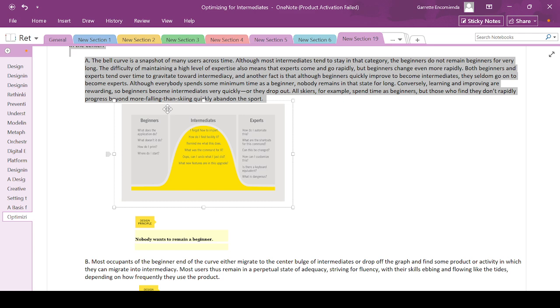It's hard to maintain expertise as well because technologies change and the interactions with those people and technologies change as well. People become more expert as time goes by. Therefore, the bar for being an expert changes as well. So the key is that people don't remain at the two ends.